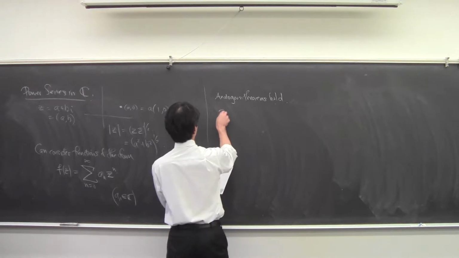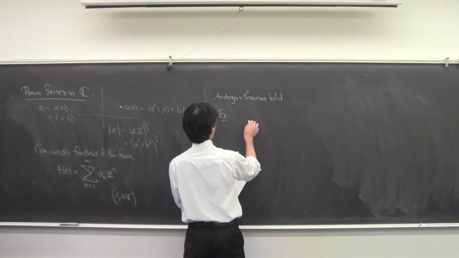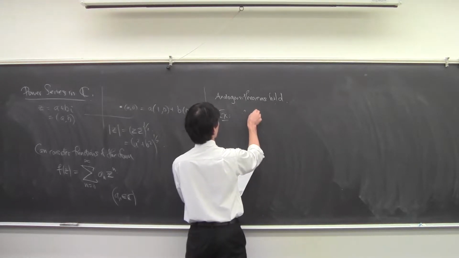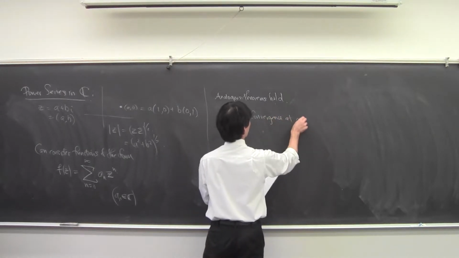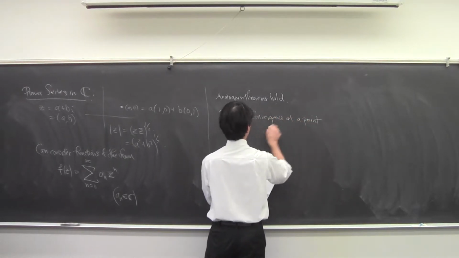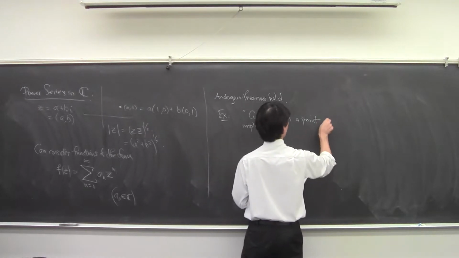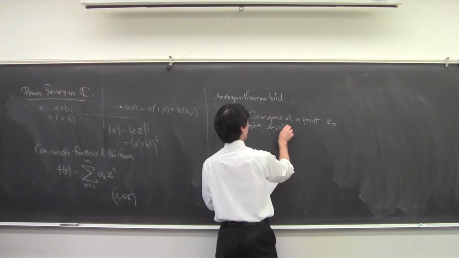For example, the theorem that says that convergence at a point implies absolute convergence.